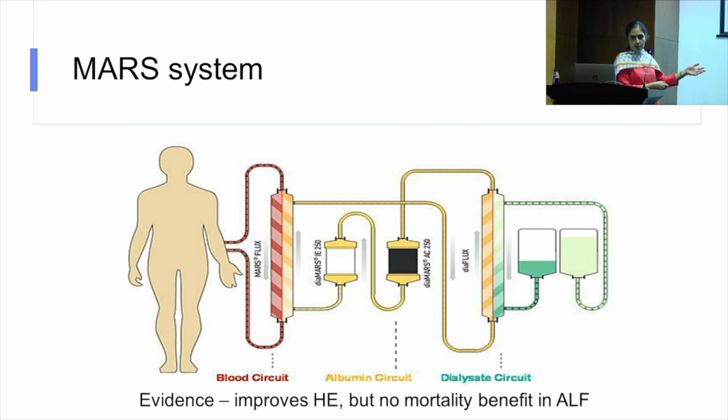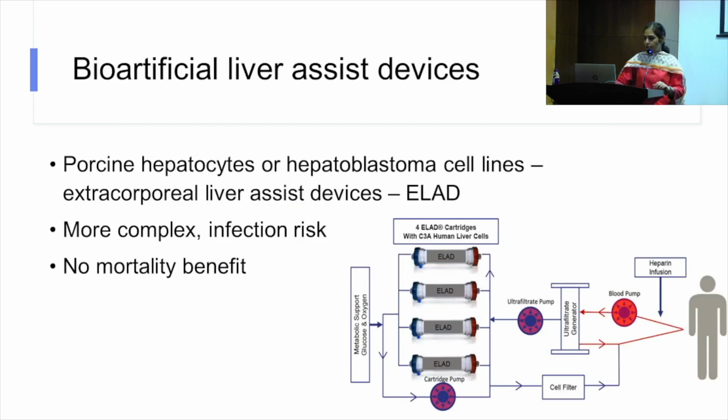But because it has got toxins, it runs alongside the dialysate circuit, which removes the toxins. So the fresh albumin runs again alongside the blood circuit. So these are the three circuits in the MARS system. Evidence for it is that it improves hepatic encephalopathy, but there's no mortality benefit for use of these systems. It's only a bridge to transplant.